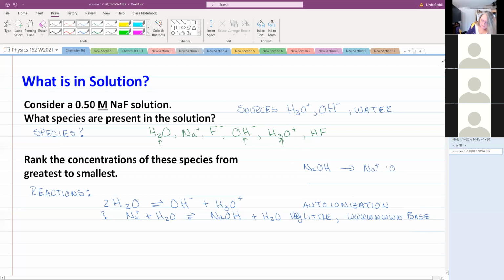Wait, I thought acids were the proton donors, so is sodium accepting a proton or accepting a hydroxide? So remember, if it's an acid, it would be donating a proton.